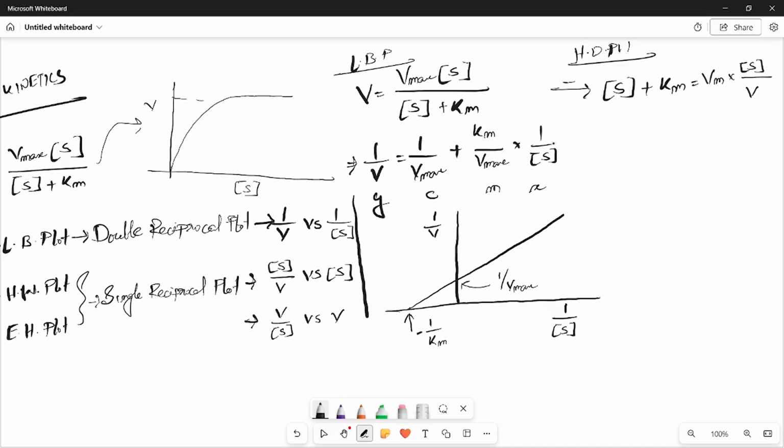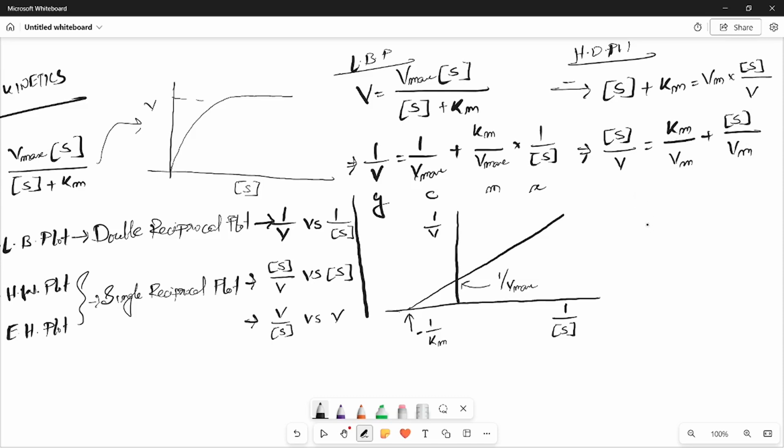Here you can understand that we can simplify the equation like y equals Km by Vmax, that is c, plus S by Vmax. Y equals mx plus c.